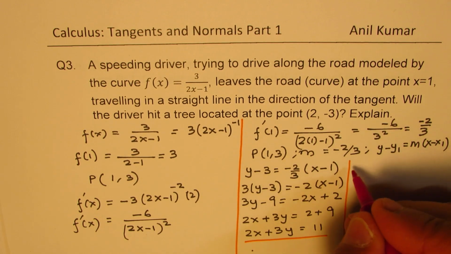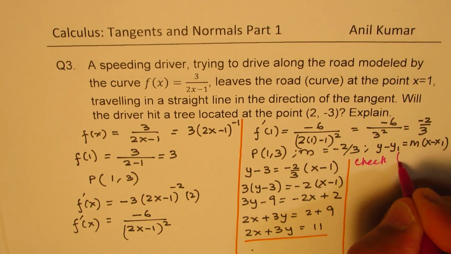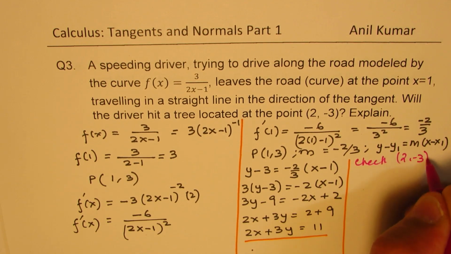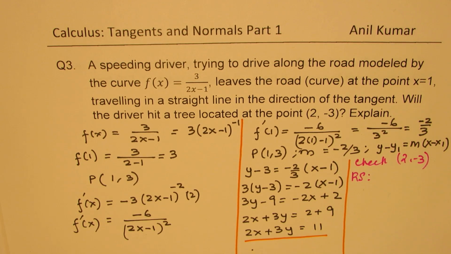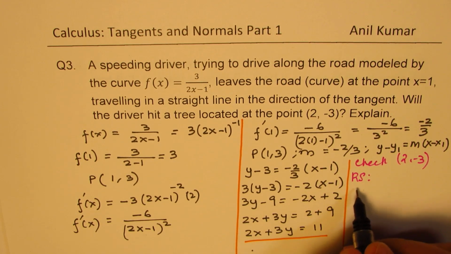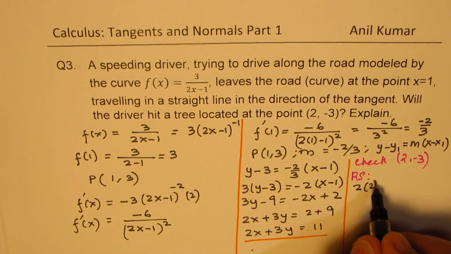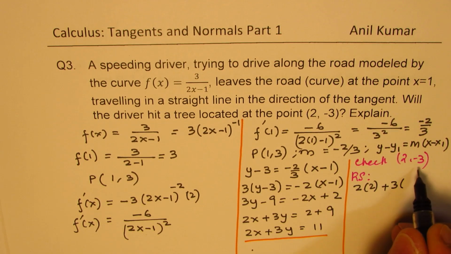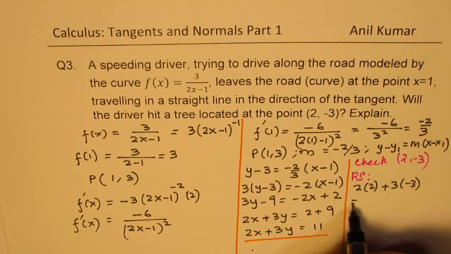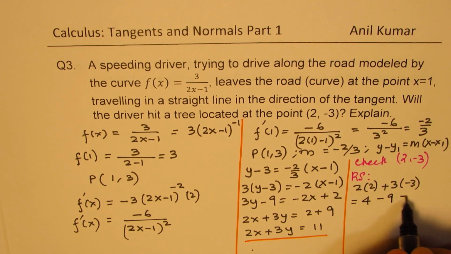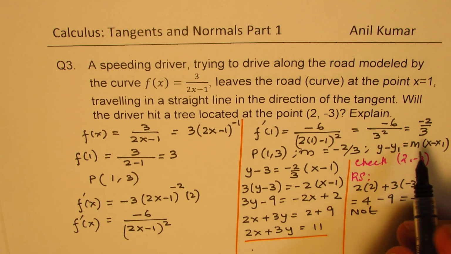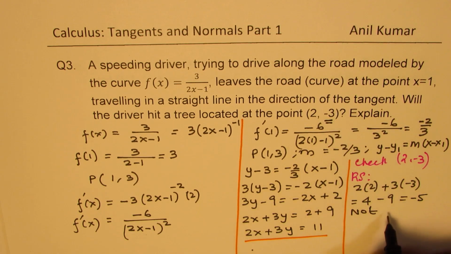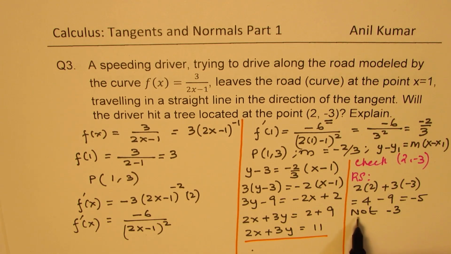So let's check for the point (2, minus 3). So we'll substitute 2 and minus 3 into 2x plus 3y. So we have 2 times 2 plus 3 times minus 3, which is 4 minus 9, which is minus 5. Since it is not 11, it is minus 5, right?